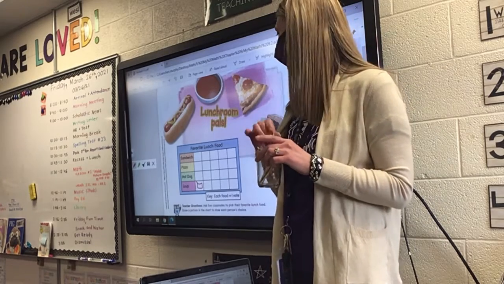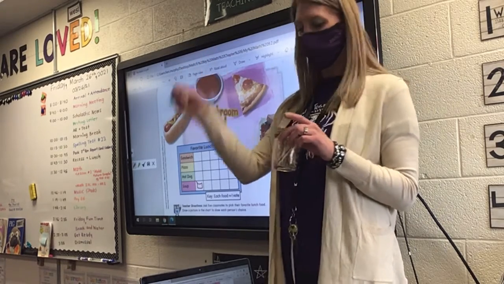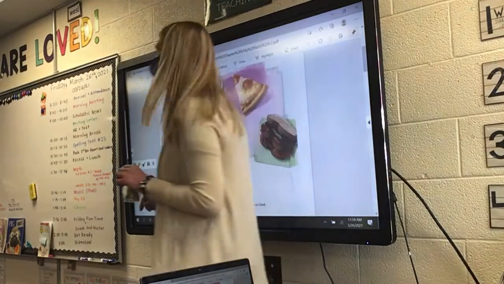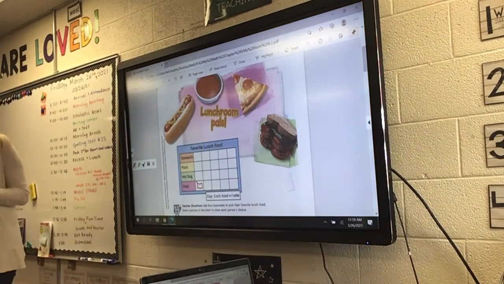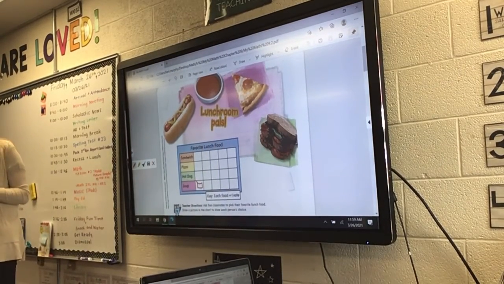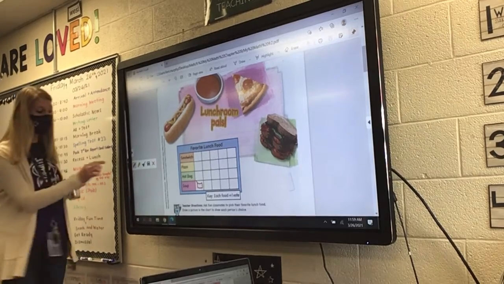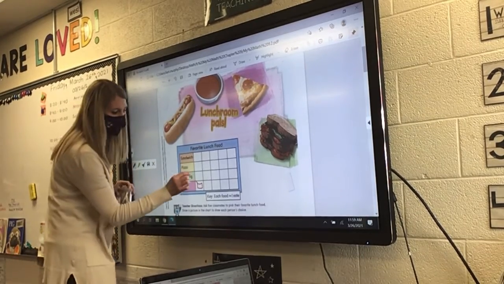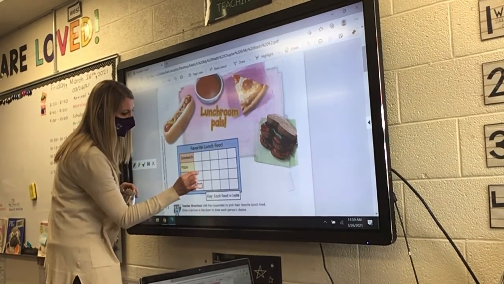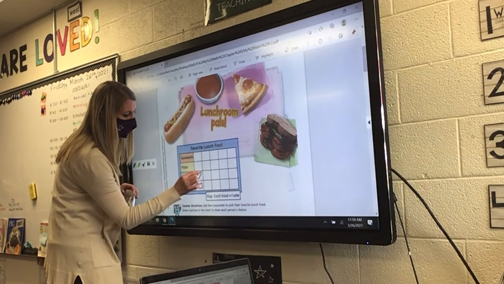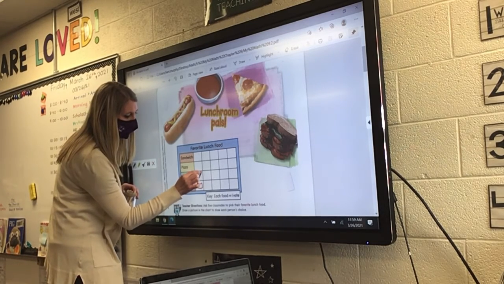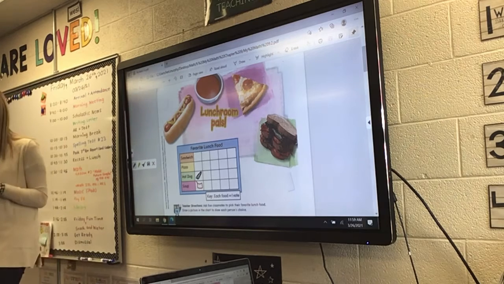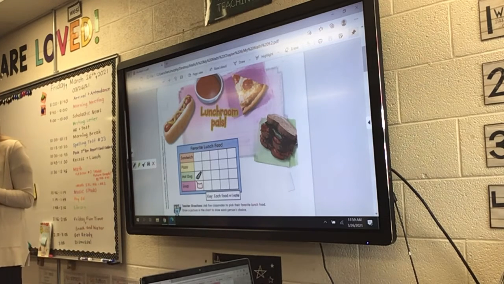Lucky second person. Okay, the next lucky person is Corla. Corla, what is your favorite food? Hot dog. So you are going to do your best to draw a hot dog. Okay.